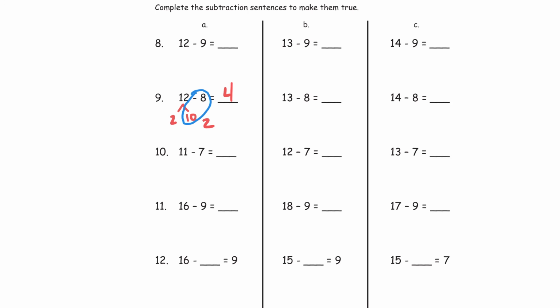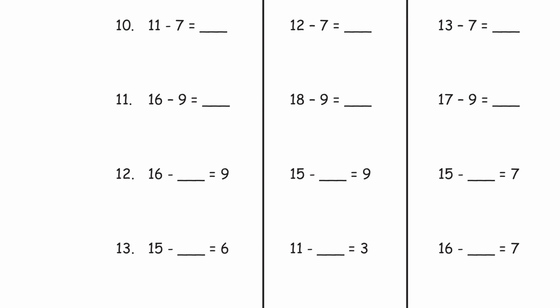All right, now I'm going to look over at number 12 here. 15 minus what equals 9? Well, remember, we're counting up to 15. So let's count on from 9 up to 15 to solve that. So I'm going to write down 9, and then I'm going to go up to 15.